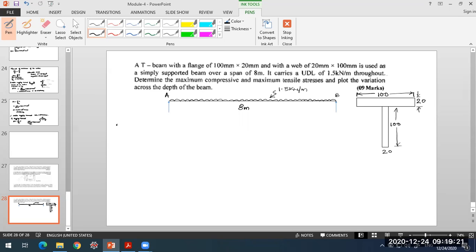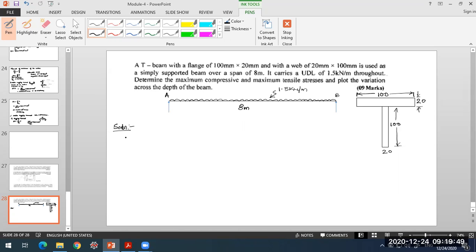Okay, so we need to find the maximum tensile and compressive stresses here, and these are the bending stresses. For that purpose, first we need to know the maximum bending moment in the beam. For a simply supported beam supporting a UDL for its entire length, the maximum bending moment will occur at the mid-span, and it will be WL square by 8.